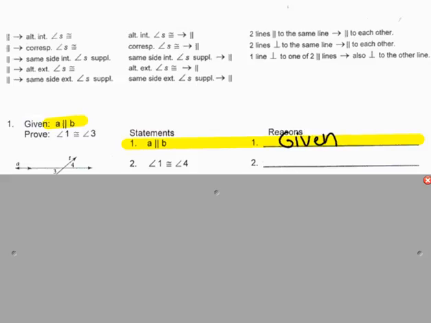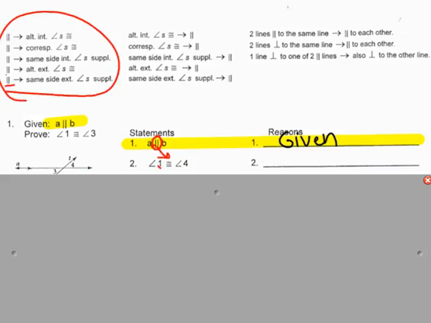So what I see now, and what's going to be a little bit new for this chapter, is that we see this parallel, and then we're told that angles are congruent. When you see that parallel first and then congruent, you're going to be using this set of reasons.